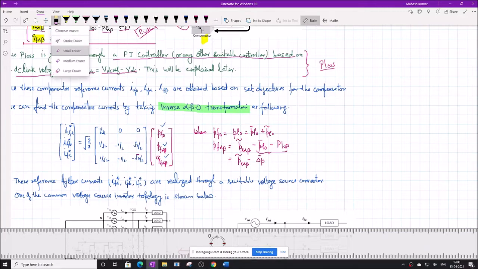We need to correct this here. I have missed a step here. It must be equal to IF0 star, you can say IF alpha beta, and IF alpha and IF beta. This is alpha here and this is IF beta.